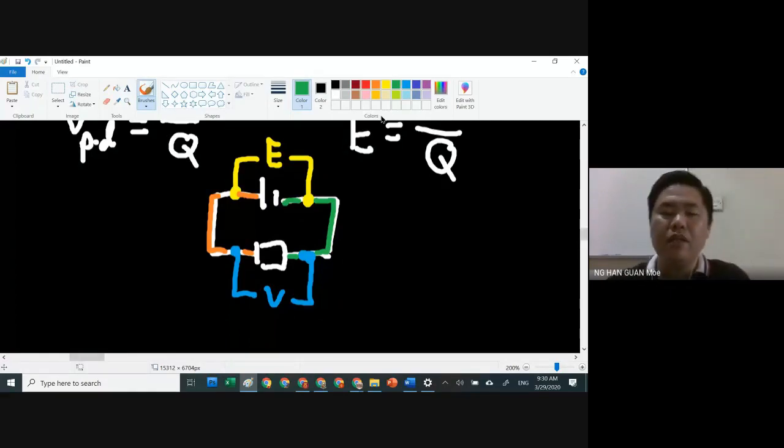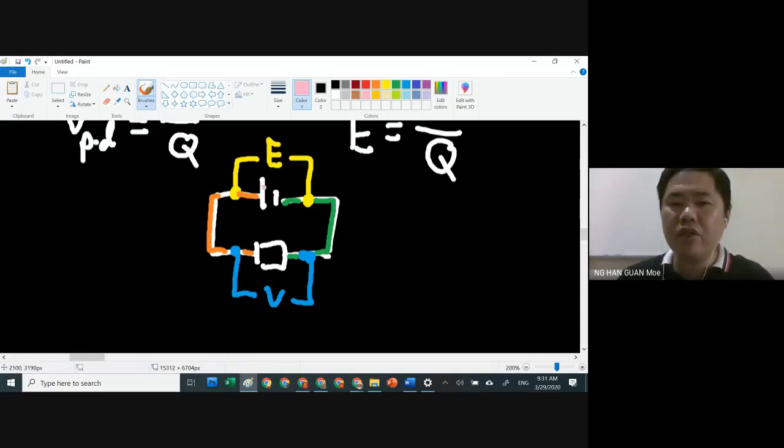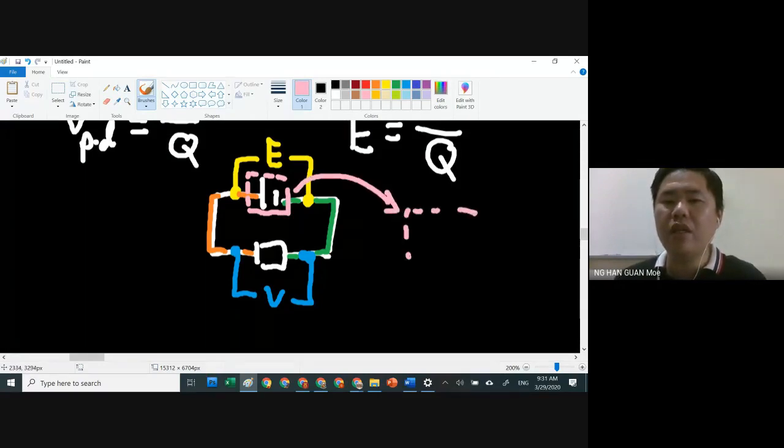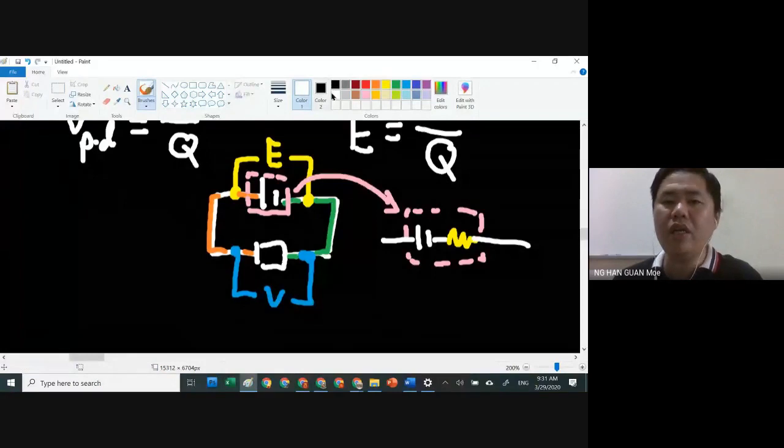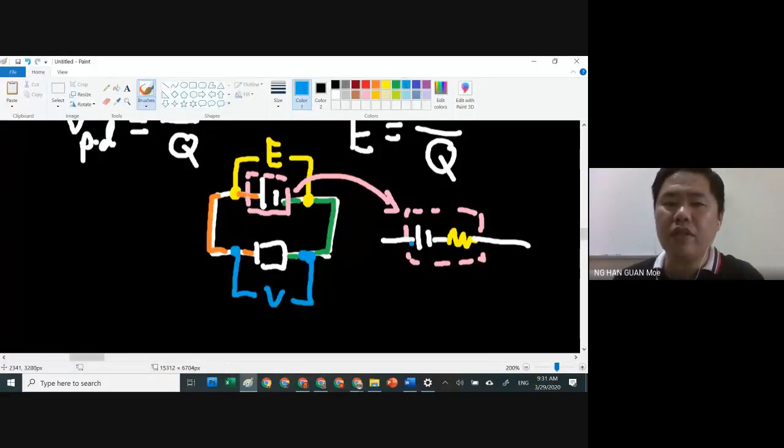But the problem is, practically, we do not really measure EMF. Because practically, inside the battery there is internal resistance. That's why what you measure across the battery is only the potential difference.